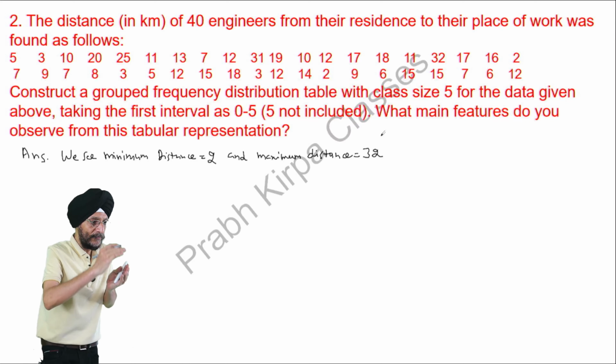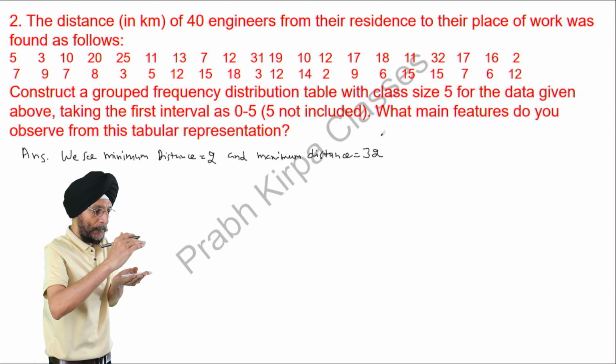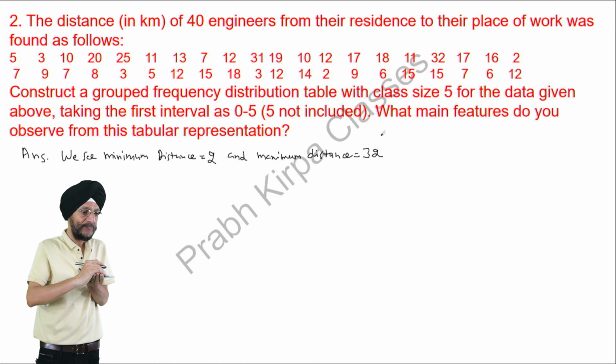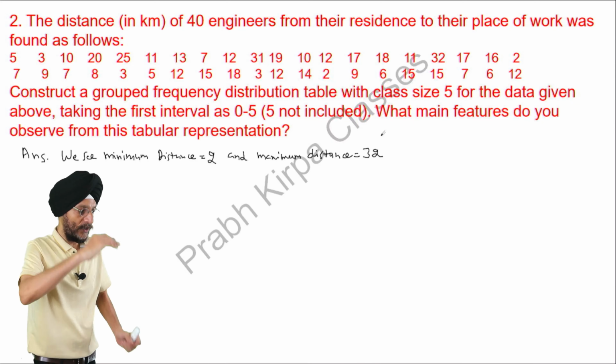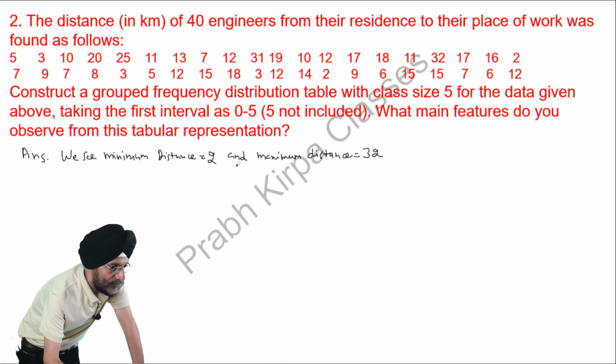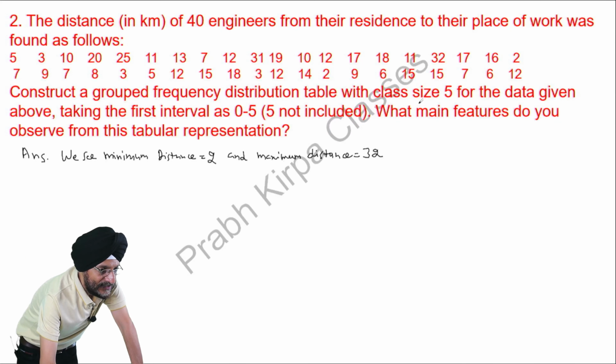So now we will form the grouped frequency distribution table where 2 is covered and 32 is also covered. It is written that the class size is 5 and the first class interval is 0 to 5.